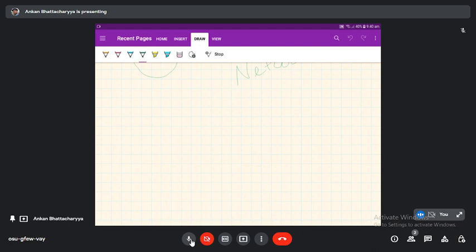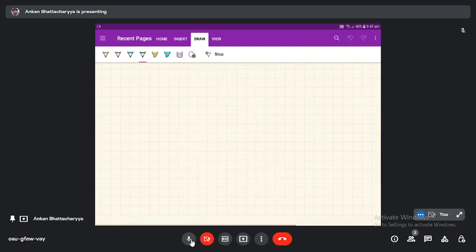Carefully notice it. The circuit diagram is very important. Here we use two CE mode transistors in voltage divider or self bias mode. This is the load resistance RL.